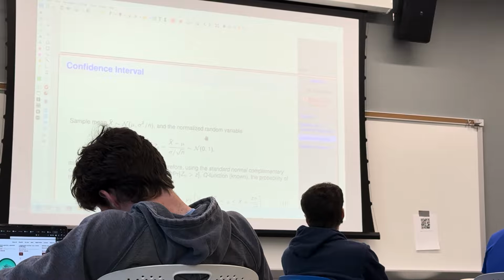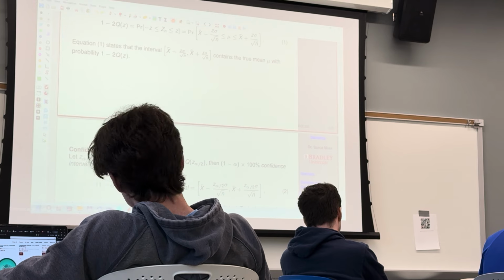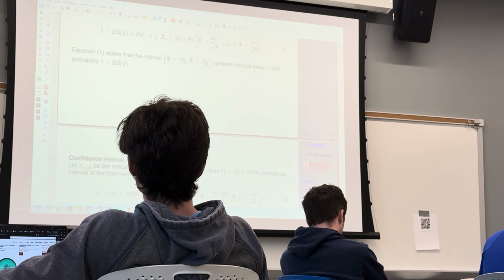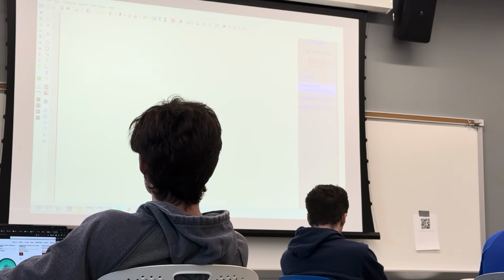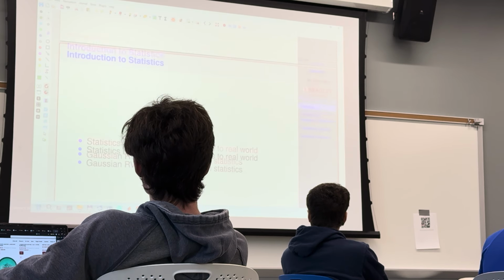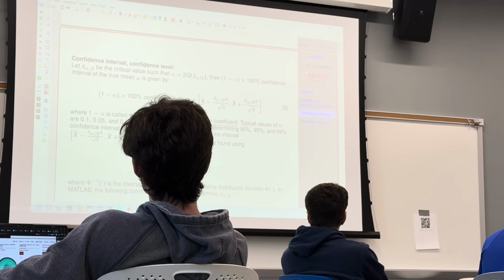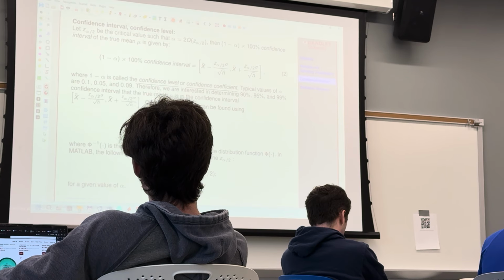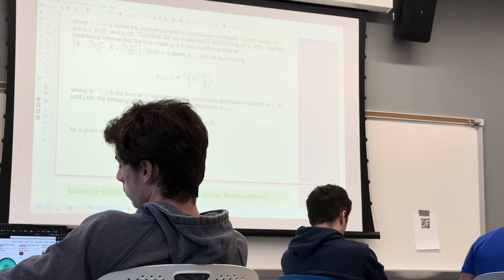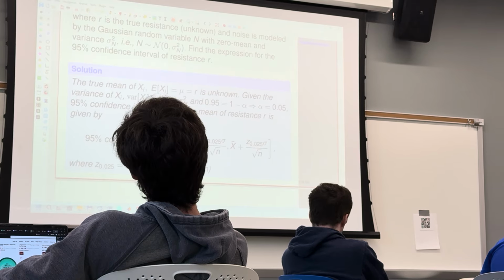For this section, guys, there is a table in the textbook. Please make a note of this one.